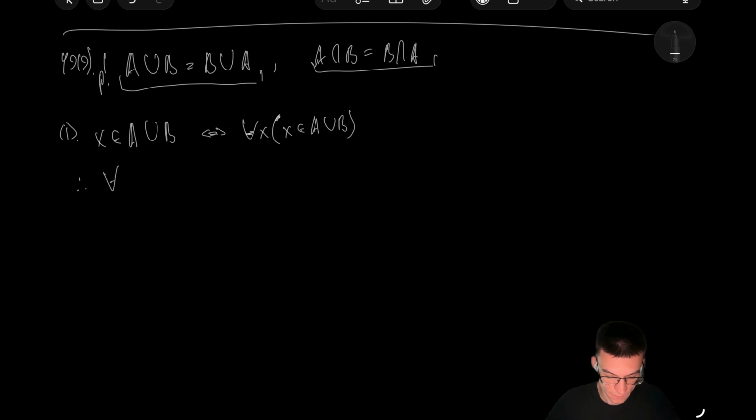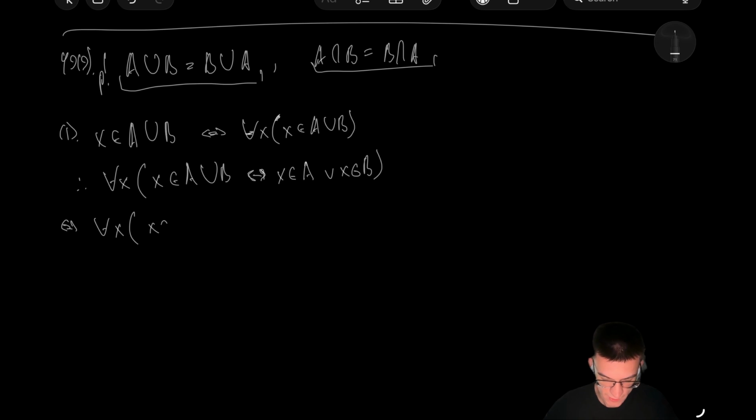Therefore, from the meta perspective, that would be equivalent to saying that X belongs to A, or, disjunction, logical equivalence to X belongs to A or X belongs to B. And now this is equivalent to saying that for X, X belongs to A or X belongs to B. This is disjunction.